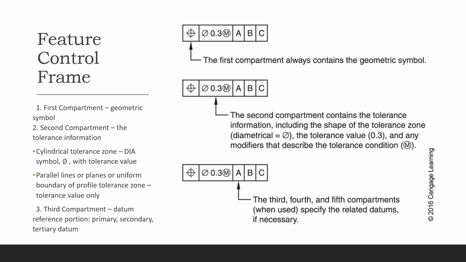We only show the first 2 because the last, RFS, doesn't have a symbol. And then we have the datums: first, second, and third, which are your primary, secondary, and tertiary datums. Your measurements are going to come from these points, planes, or axes. So that's for the first part.